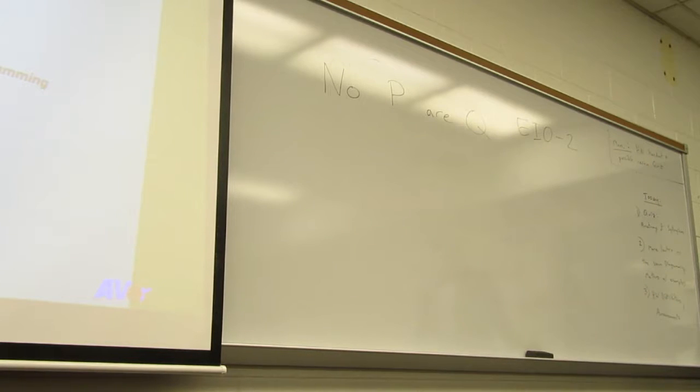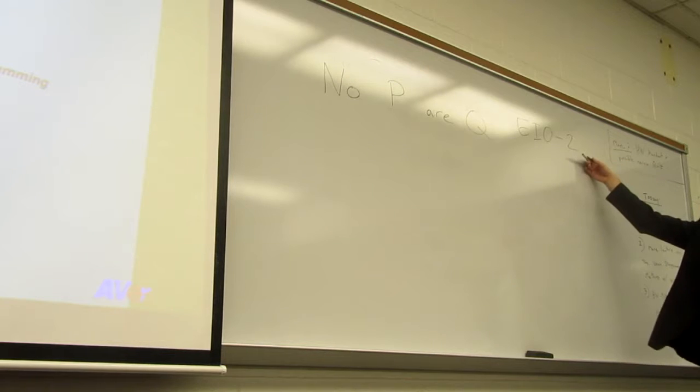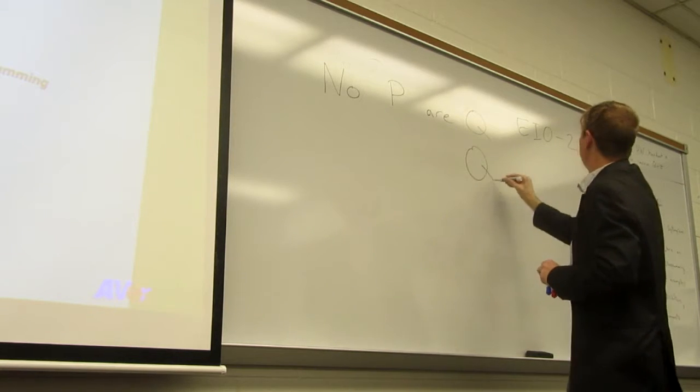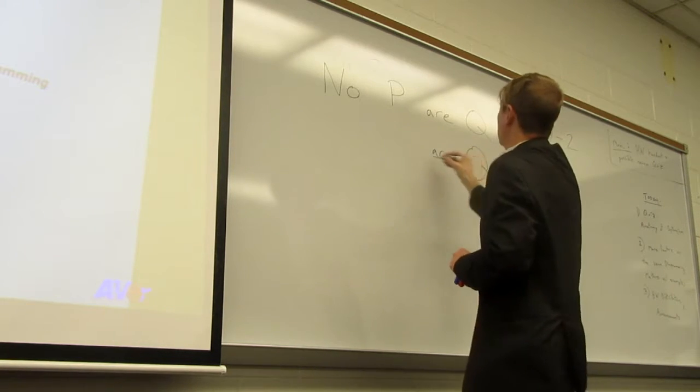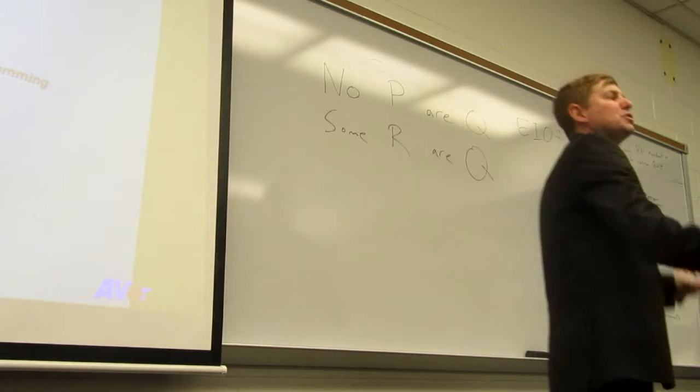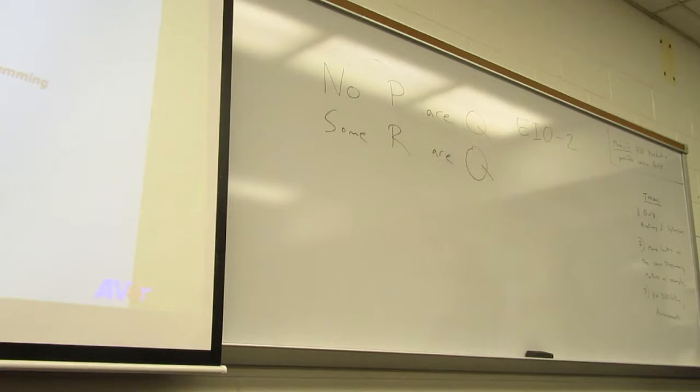I'll just write it down here. No P or Q. Now, if my figure is 2, which one's going to be my middle term? Thank you. And because it's an I, I just arbitrarily picked R. Could have picked anything.